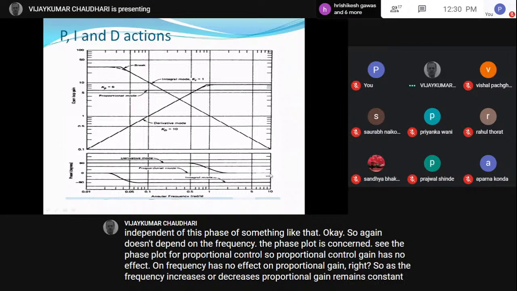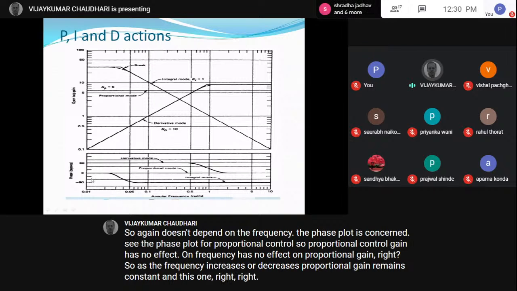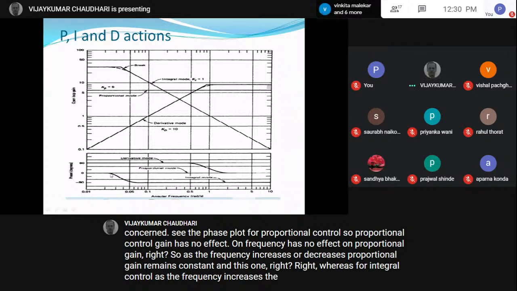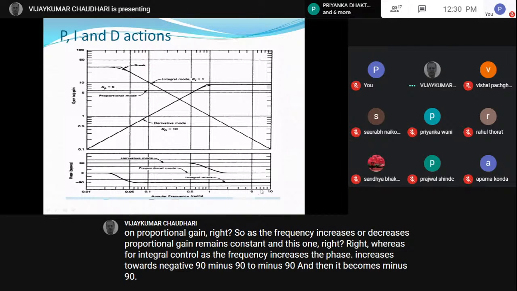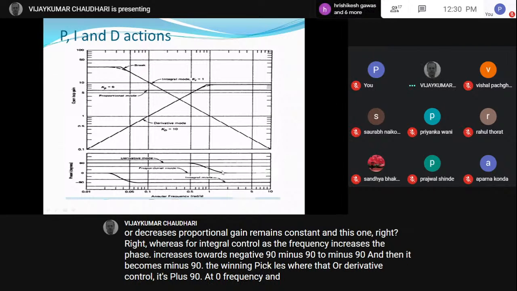Whereas for integral control, as the frequency increases, the phase goes from 0 towards minus 90, and then it remains at minus 90. Whereas for derivative control, it's plus 90 at 0 frequency, and then it decreases to 0 as frequency becomes infinite.